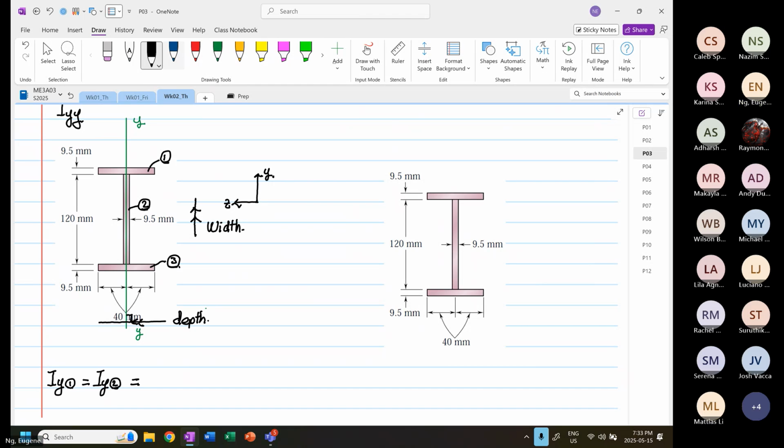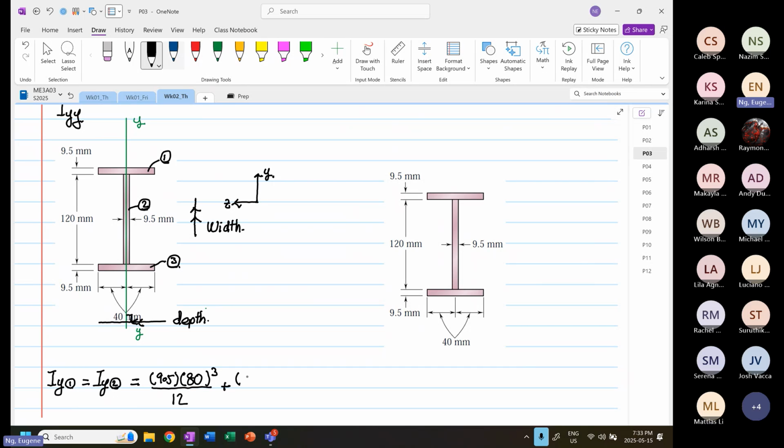The formula is width times depth cubed over 12. So for IYY, our width is 9.5, and our depth is 80, because 40 plus 40 is 80, so 80 cubed over 12.